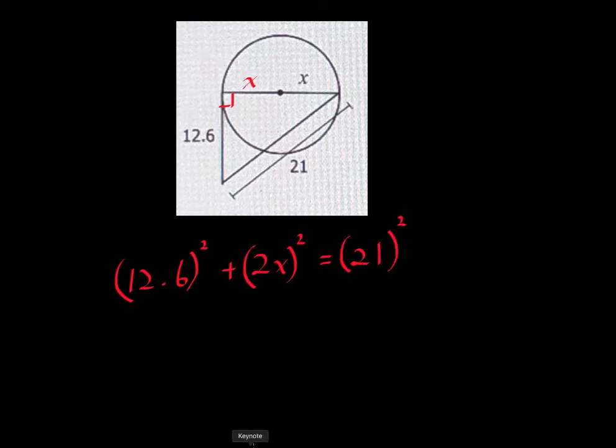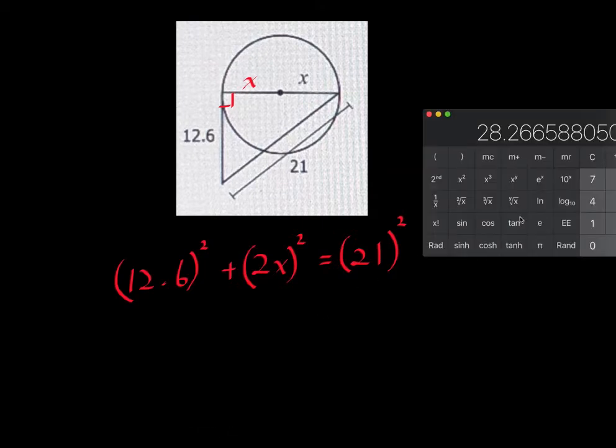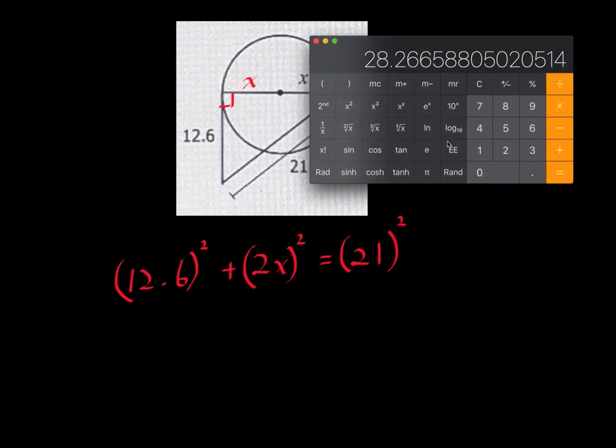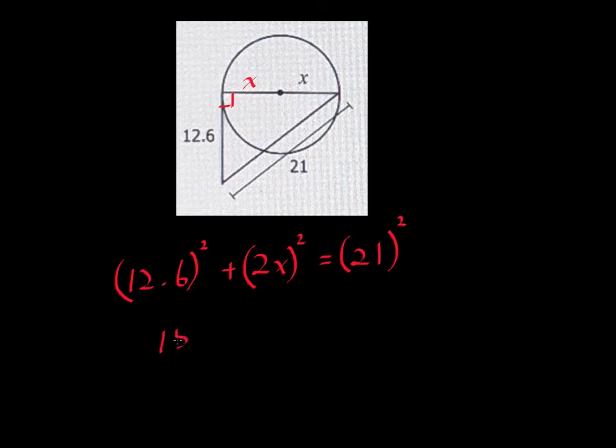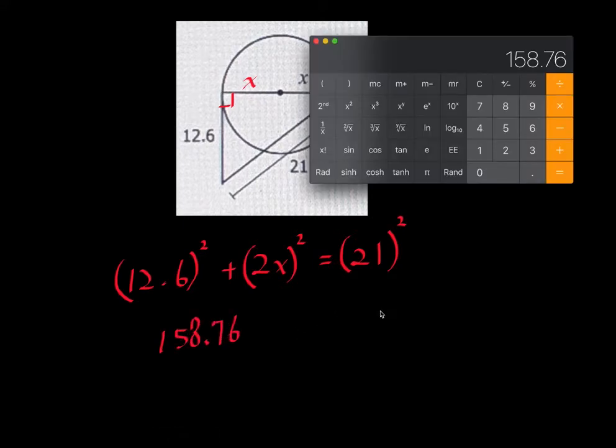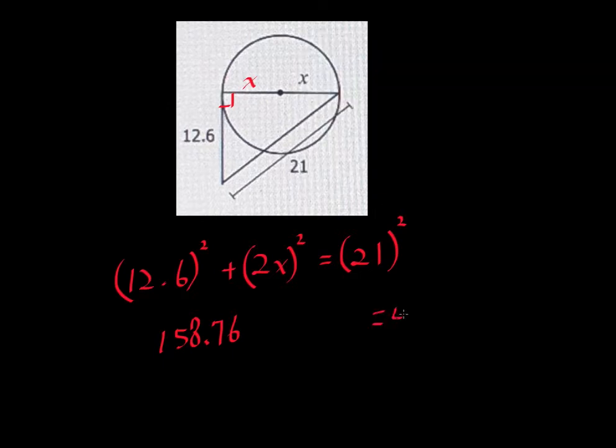Okay, so we have 12.6 squared, that's 158.76, and then 21 squared, it's 441 on the right side here. And then (2x) squared is 4x squared, not 2x squared, because it's 2x times 2x.